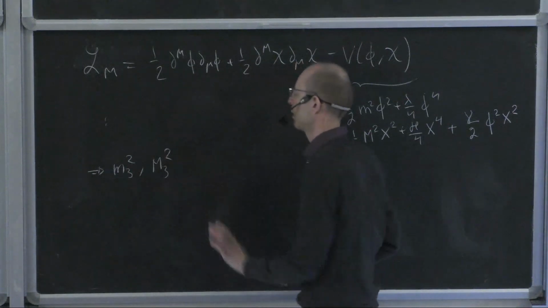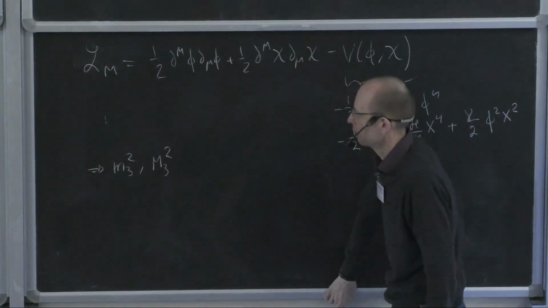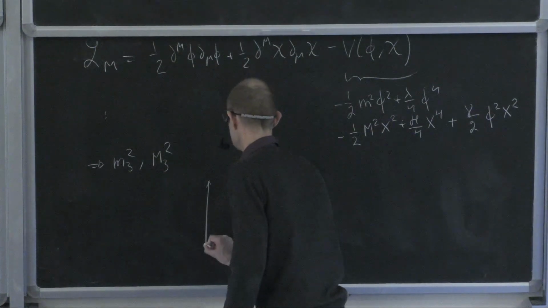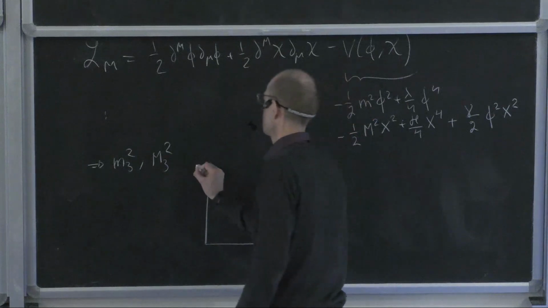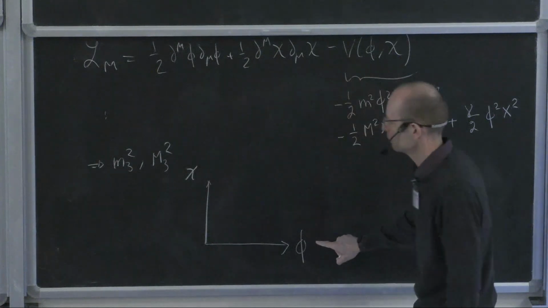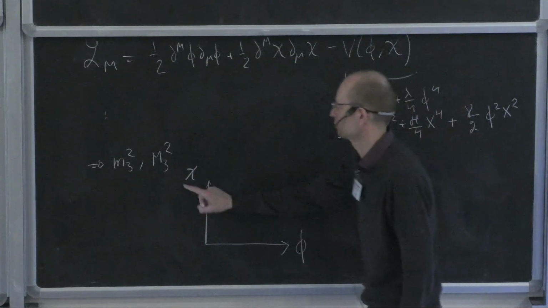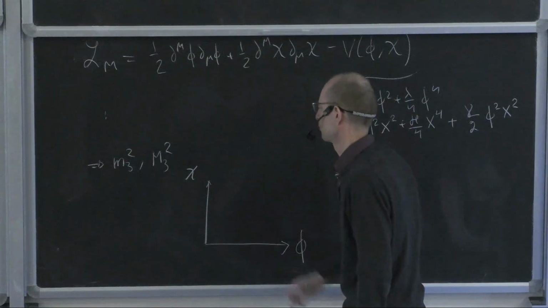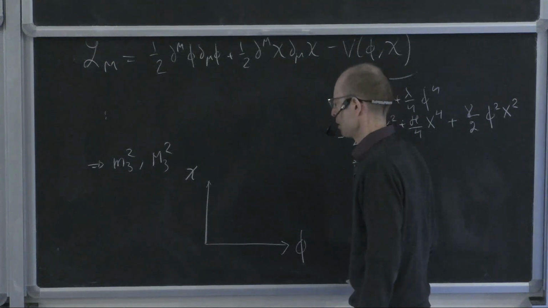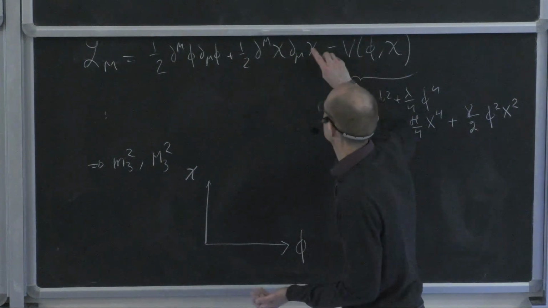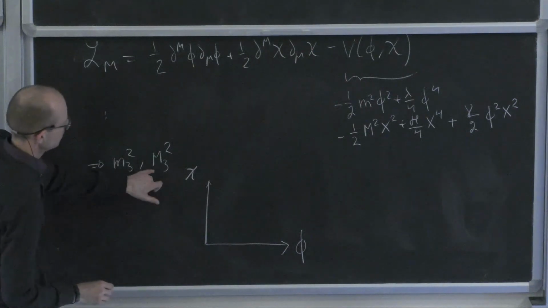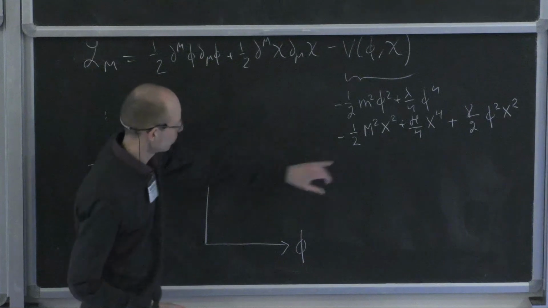We can compute the mass parameters. And the idea is the following. We can arrange things such that, let me draw here the chi direction and the phi direction. And the phi is now what we want, is kind of our Higgs field, and the chi is the extra field. And so the idea is that we arrange things such that actually this symmetry gets broken first.